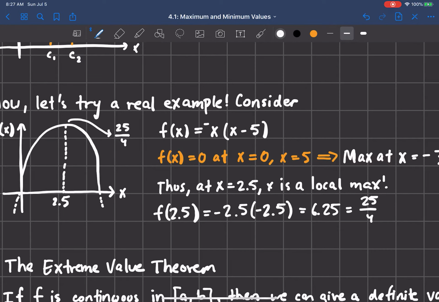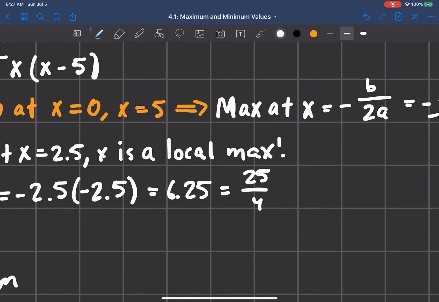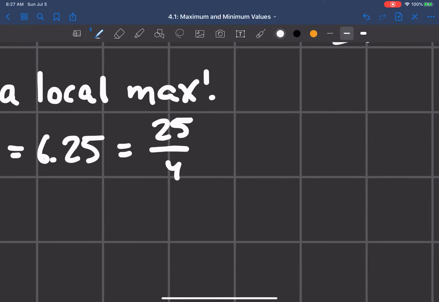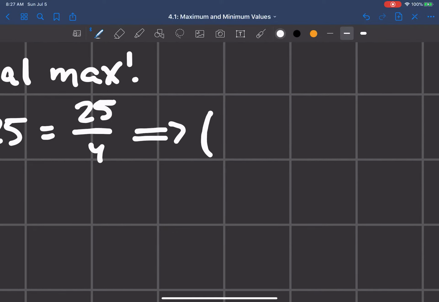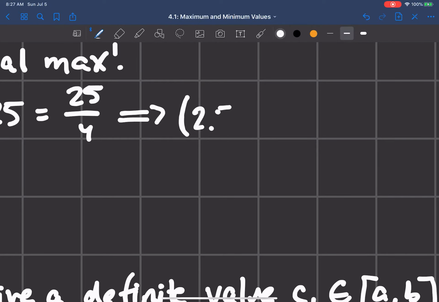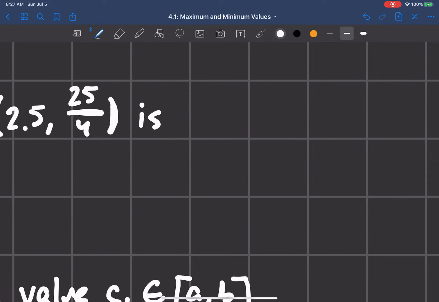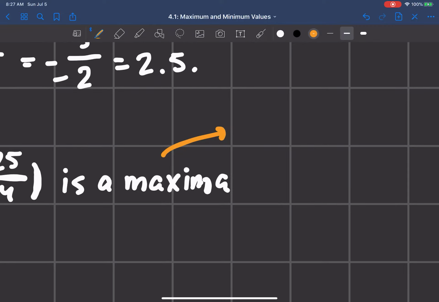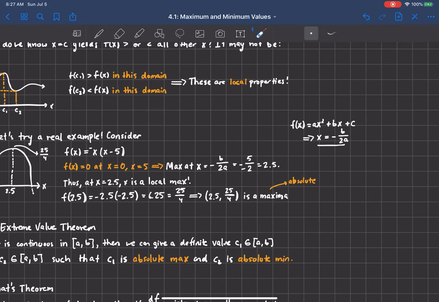Mathematically, we like to call these pairs the local, or in this case, also the absolute maxima. So when you give an answer in a question in a homework or an exam, you often like to write that the pair x comma y is a maxima. Thus, 2.5 comma 25 over 4 is a maxima. And we can specify that this maxima is in fact absolute, since we know that for all of the domain of this function, it will never exceed this value.